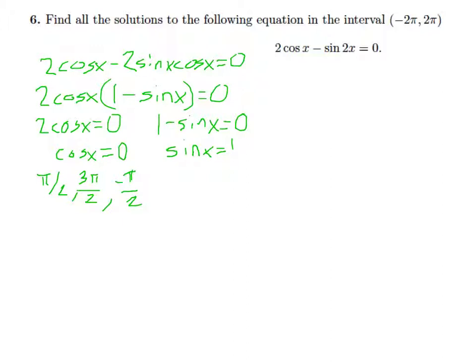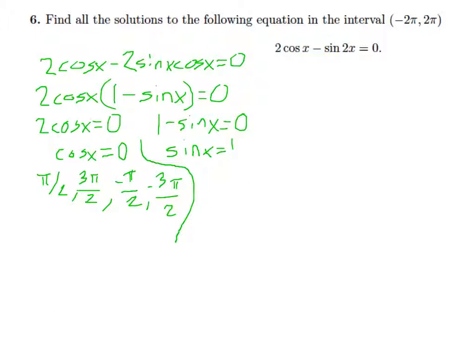And then we're going to keep on going, and we're eventually going to hit negative 3 pi over 2, which on a normal unit circle would be on the y-axis in between the first and second quadrant. So that's our cosines right there. So in the interval from negative 2 pi to 2 pi, we have 4 occasions where cosine equals 0.